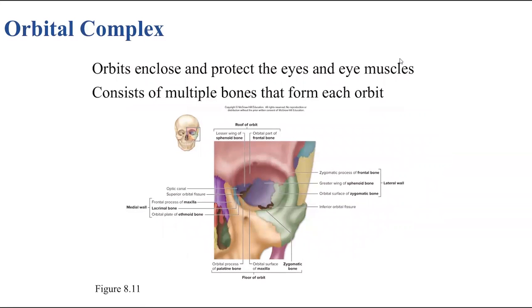Okay, so now the eye orbit. There are lots of bones that make up the eye orbit. It's kind of crazy how many bones there are. If you look at the eye orbit, there are 7 bones.